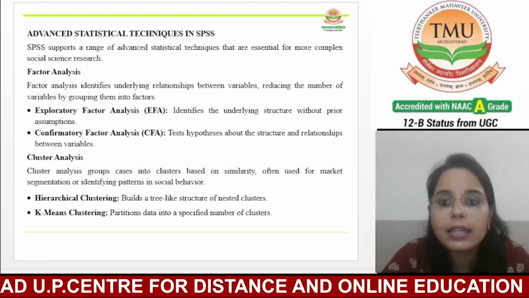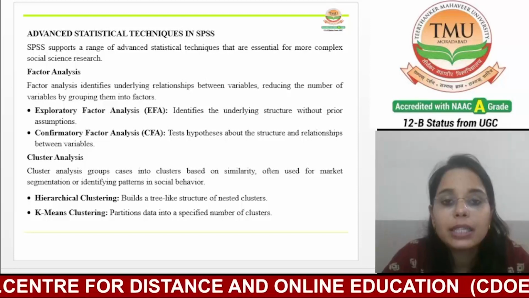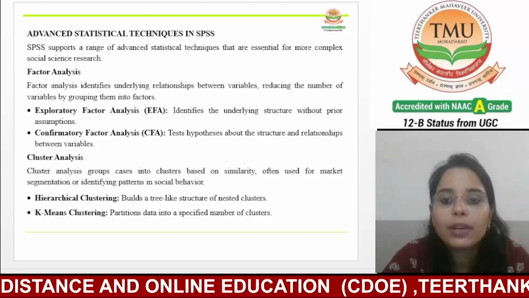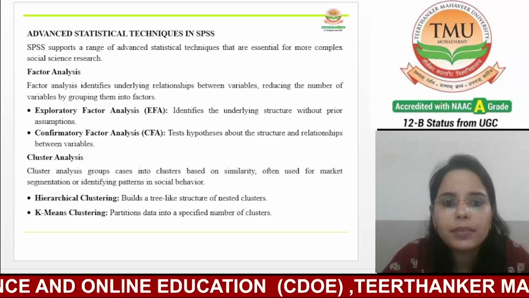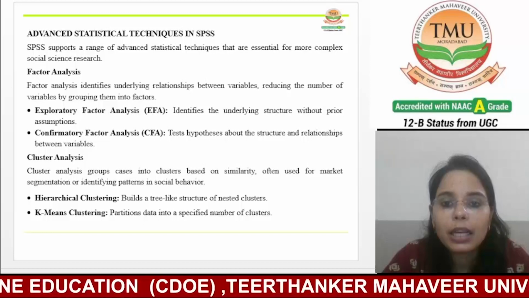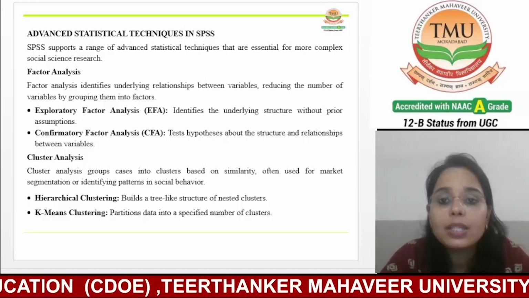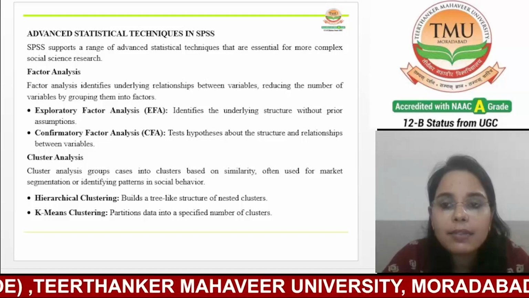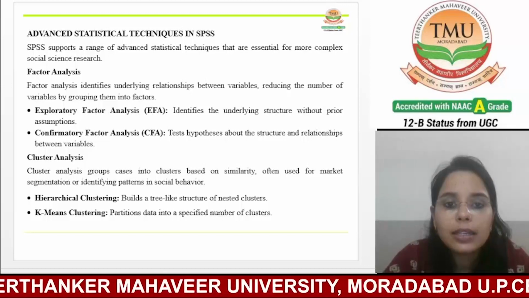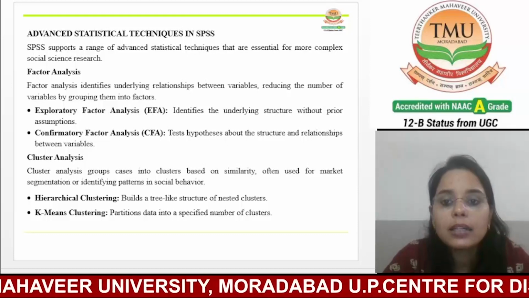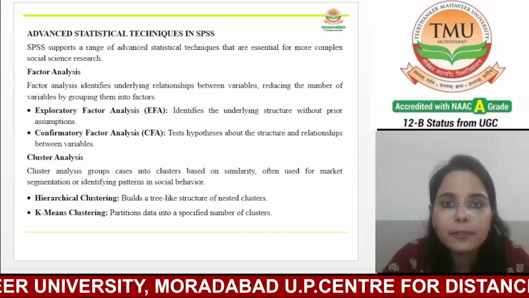Unlike hierarchical clustering, k-means clustering requires the researcher to specify the number of clusters in advance. The algorithm assigns each case to the cluster with the nearest mean, then iteratively adjusts the cluster centers and reassigns cases until the cluster membership stabilizes.